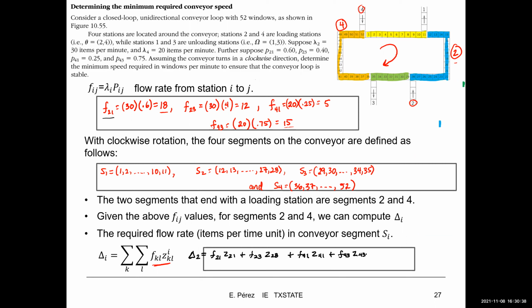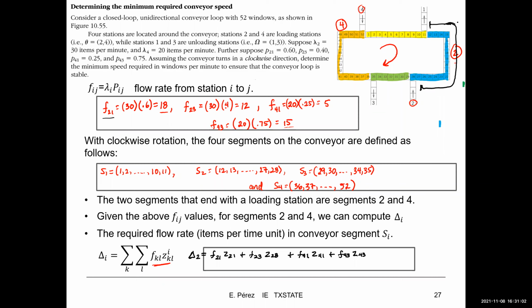So this expression basically is going to look at which ones of these flows are passing through segment 2. Segment 2 is this segment here of the conveyor, in blue. Okay, so let's look at 2,1.